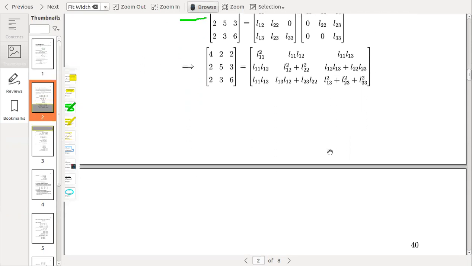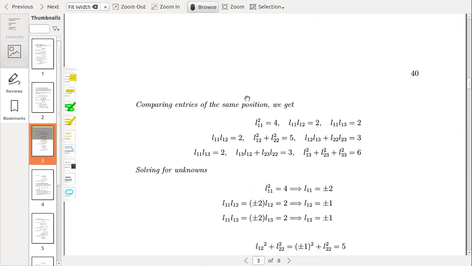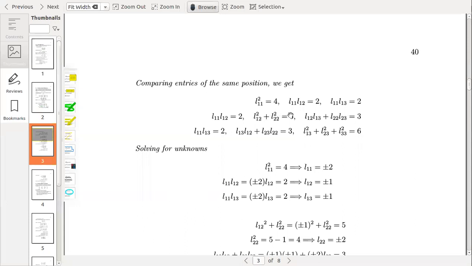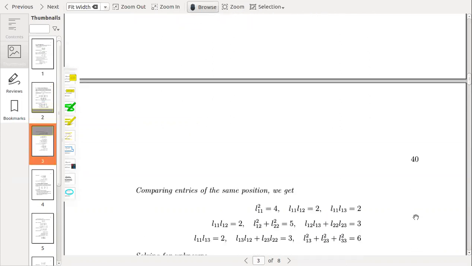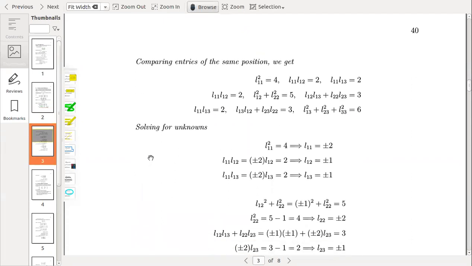Then we compare the entries at the same positions. So the entry at position 1 1 will be compared with the entry at the same position. Then we get these equations: L11 square is equal to 4, L11 L12 is equal to 2, and so on. With the help of these equations, we solve for the unknowns.